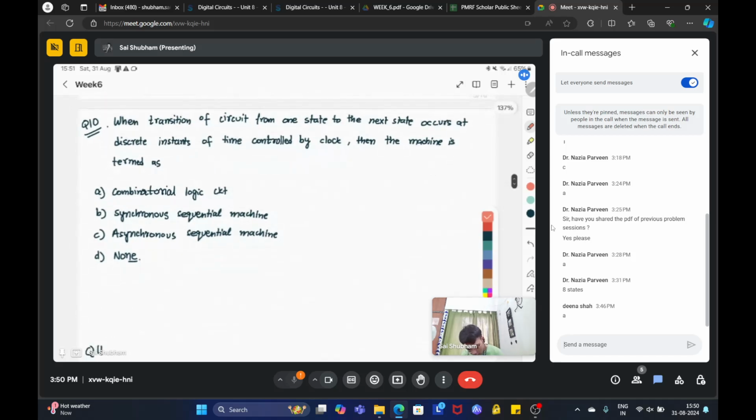So when the transition of a circuit from one state to the next state occurs at a discrete instant of time controlled by clock, then the machine is termed as. This is a fairly simple question.